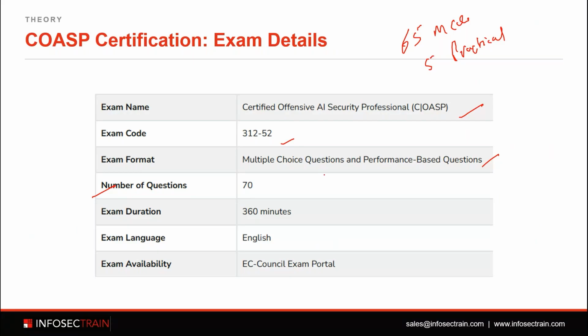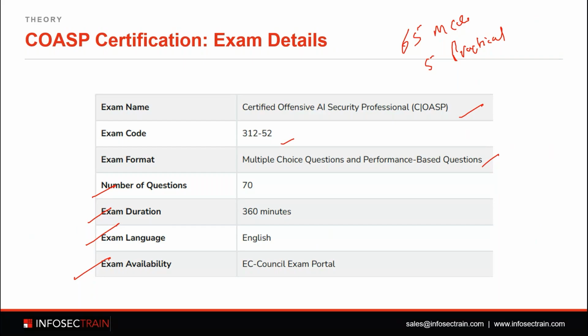The exam duration will be 360 minutes and exam language will be English. You can take the exam on EC-Council's exam portal. So these are the exam details of the COASP certification.